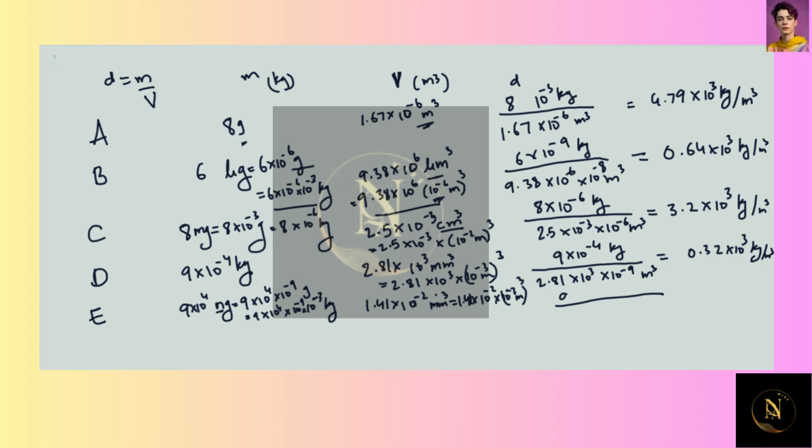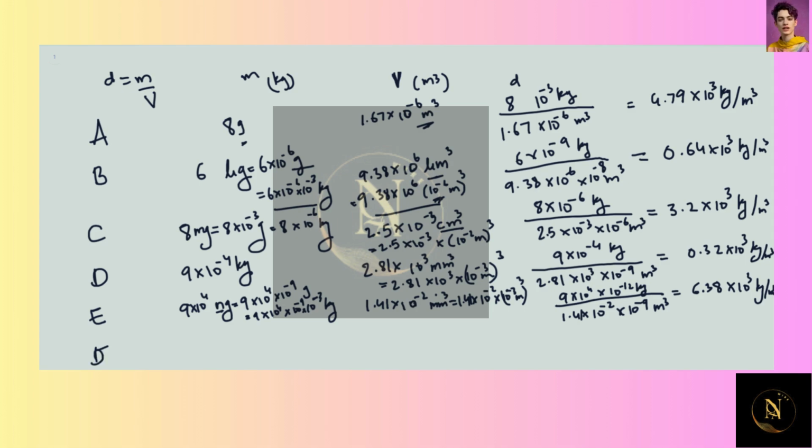Our mass is 9 into 10 power 4 into 10 power minus 12 kg divided by our volume, 1.41 into 10 power minus 2 into 10 power minus 9 meter cubed, which turns out to be, if you plug it into a calculator, 6.38 into 10 cubed kilogram per meter cubed.